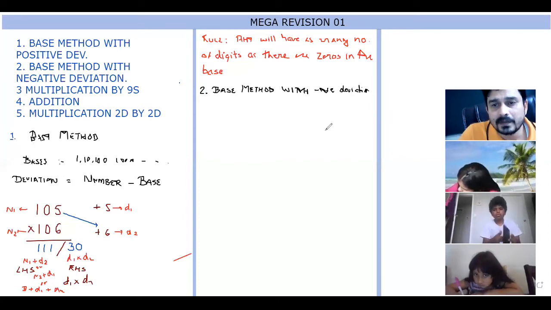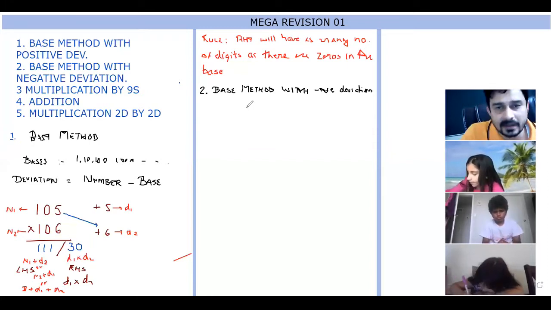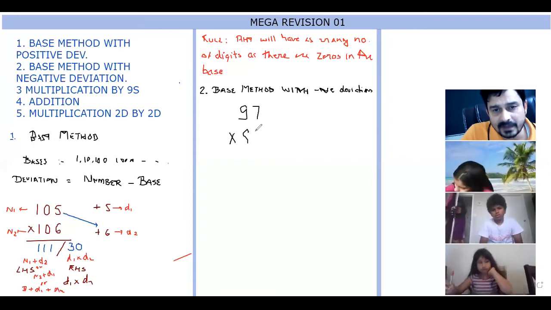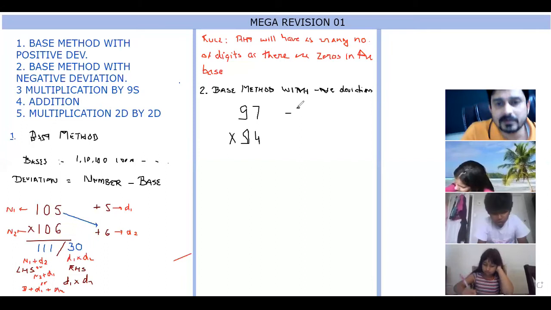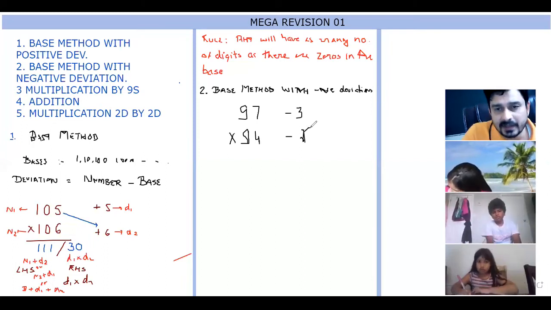This is also a similar method. Let's take an example of 97 and 94. Here the deviation is negative 3 and here the deviation is negative 6.